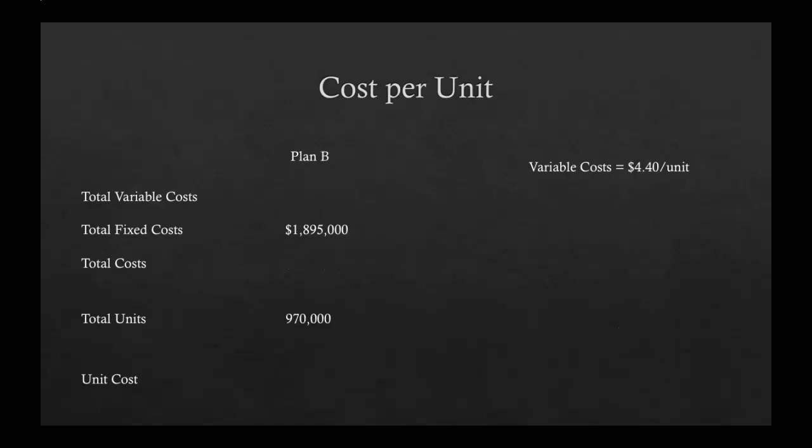Now, if we look at plan B, we said that the variable cost per unit was still going to be $4.40. However, we're now producing 970,000 units. So we take $4.40, multiply it by 970,000, and we get a total variable cost of $4,268,000.